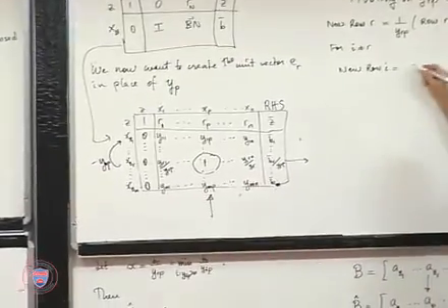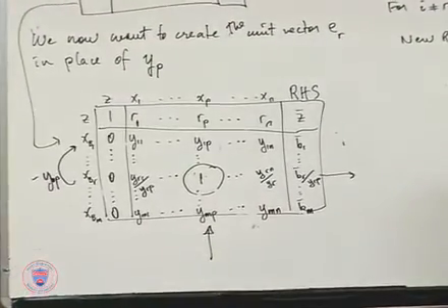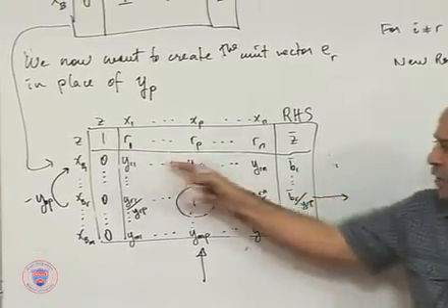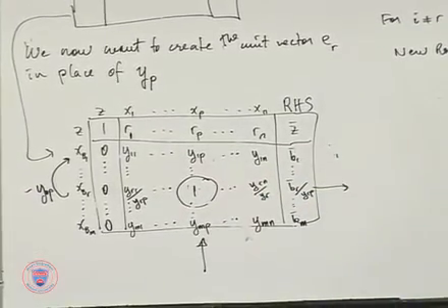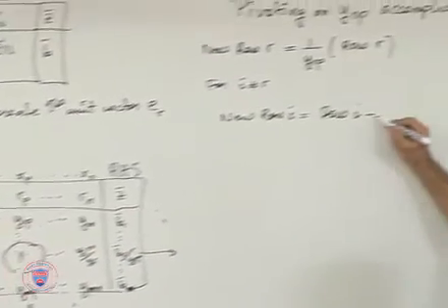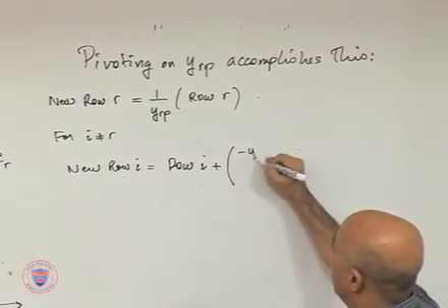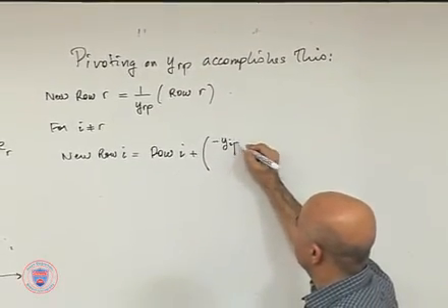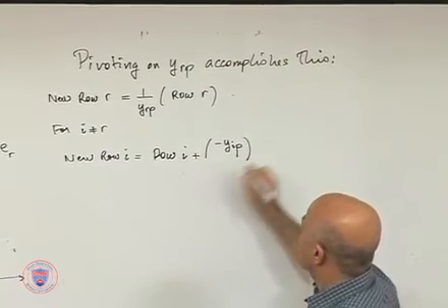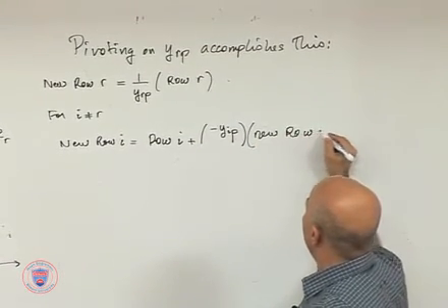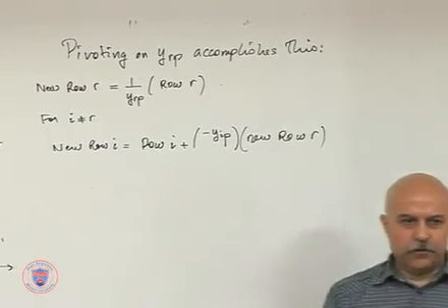So for the ith one, you take the old row I, which is already available, and add minus YIP times the new row R. In this case, row R is your pivot row.